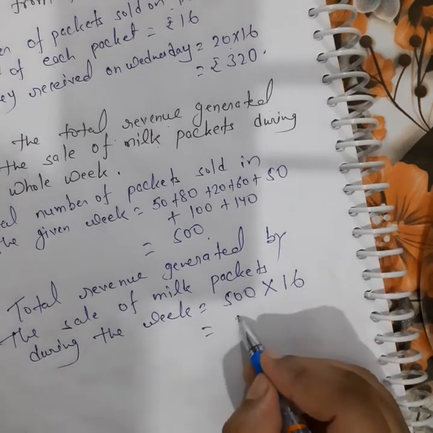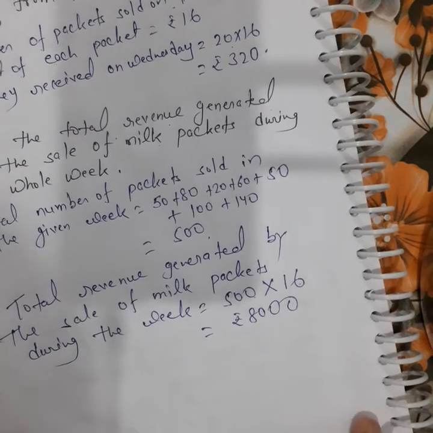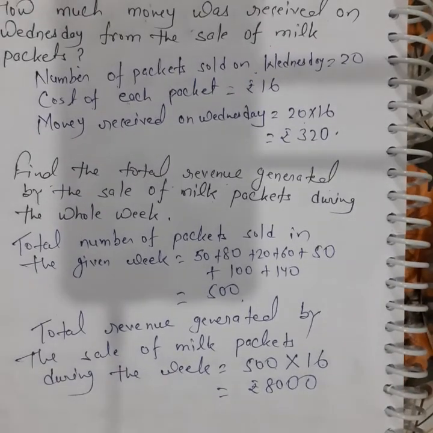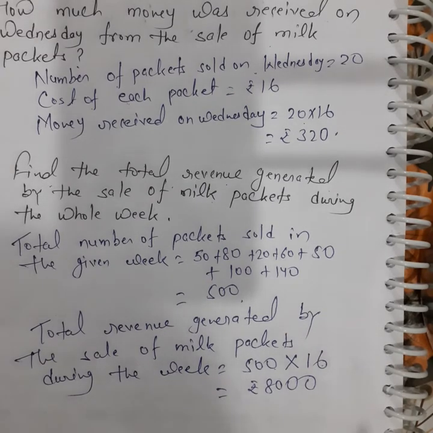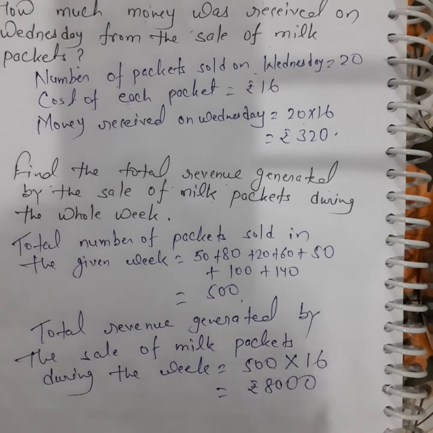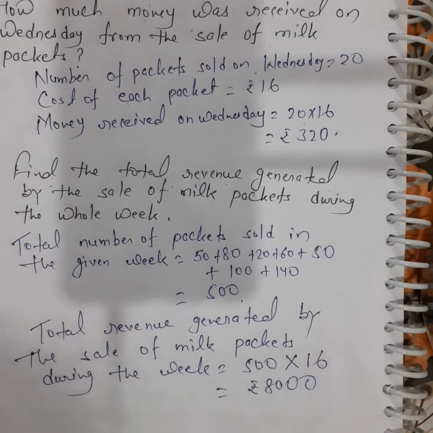By multiplying, we get rupees 8,000. When these types of questions are given, you have to carefully read the bar graph. You get all the answers from that bar graph.